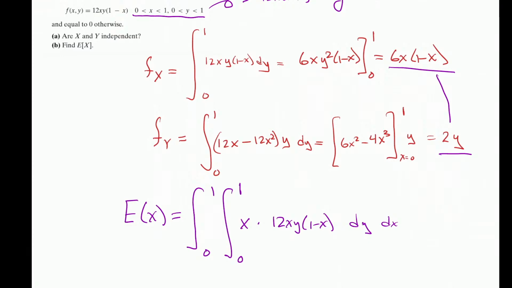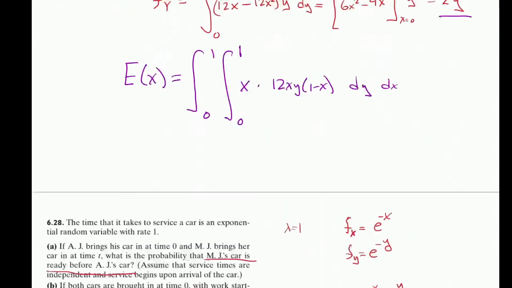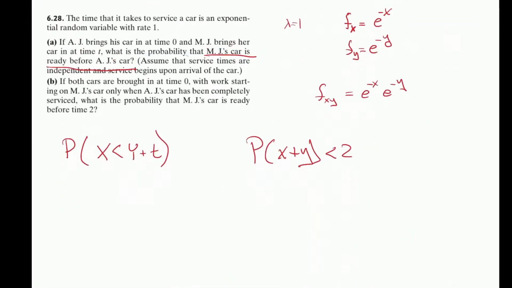So you'll end up with 12x squared y minus 12x cubed, and then you have to integrate that. Any issues with that? You can do polynomial integration at least. Okay, last one, and then we can loop back around if we need to. This went quicker than I thought.